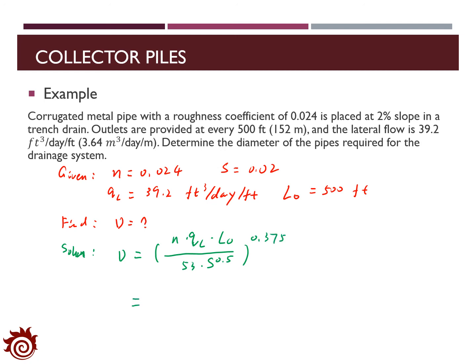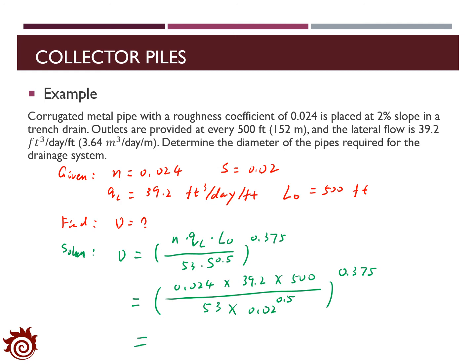So we have 0.024 times 39.2 times 500 over 53 times 0.02 to the power 0.5, all to the power 0.375, which will give us the result as 4.72 inches.